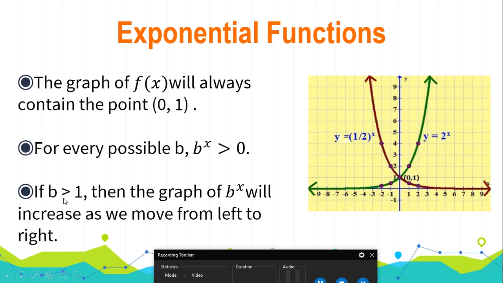If b is greater than 1, and 2 is the normal parent function, but it can be 3 or 10, as you read the graph from left to right, you should see an increase. And eventually, if we follow the path of this green function, it should start to grow rapidly and go up very quickly.